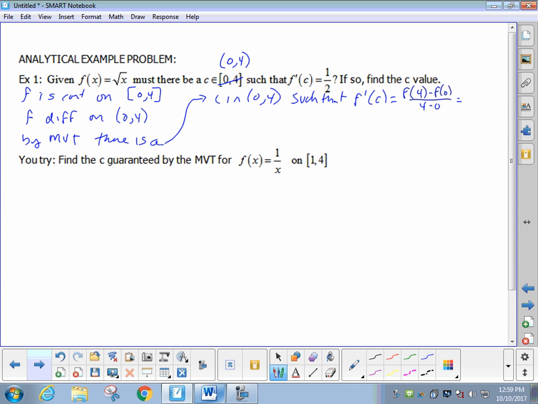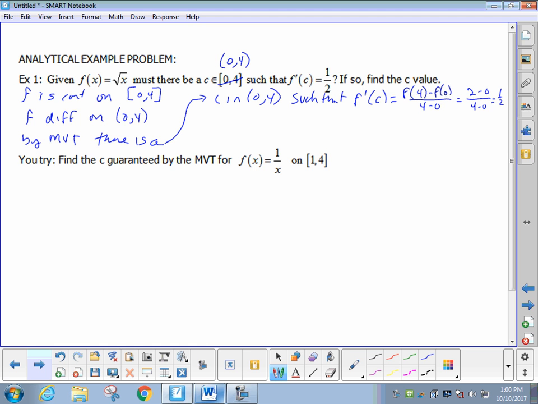The average rate of change on the interval is, what's F at 4? 2. What's F at 0? 0. Over 4 minus 0. So the average rate of change is a half. It's meeting this average rate of change condition. So there's got to be a place where the derivative is 1/2. So, boom, I answered the first part of the question. There's got to be a place by MVT.